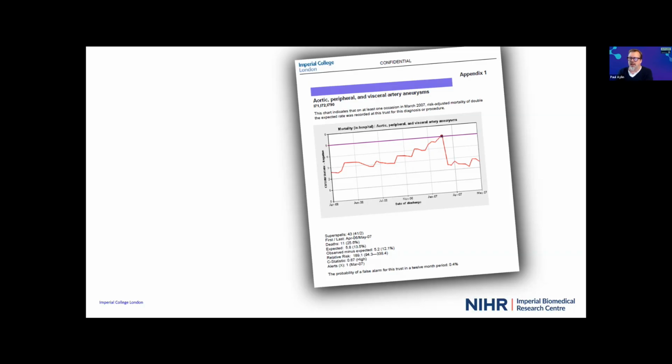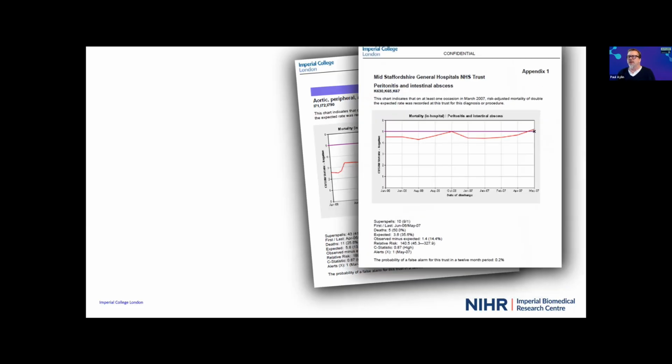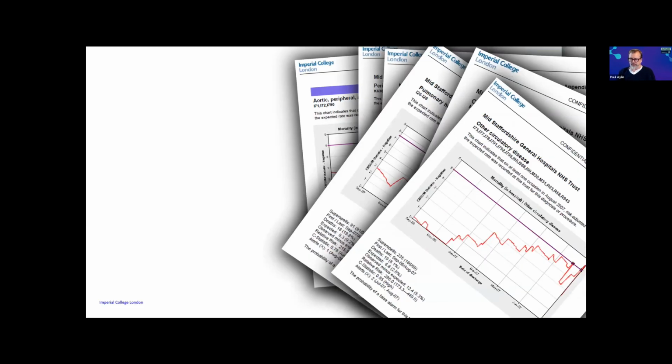We started this in 2007, and in the first 8 months of running these alerts, there was one hospital which flagged more than any other, 6 times in that 8 months. And this was a hospital called Mid Staffordshire General Hospital NHS Trust.